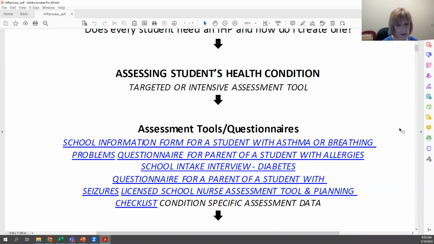Depending on what we expect, if we expect this child to start self-cathing, then I'm going to have a procedure from the beginning, where I'm doing it for them, to identifying sterile process or clean technique, and I'm going to have where the kit is going to be kept. I'm going to know the dates, the times, all that stuff that we know, but that we're teaching the parents, we're teaching the student, we're teaching the teachers in the classroom environment.